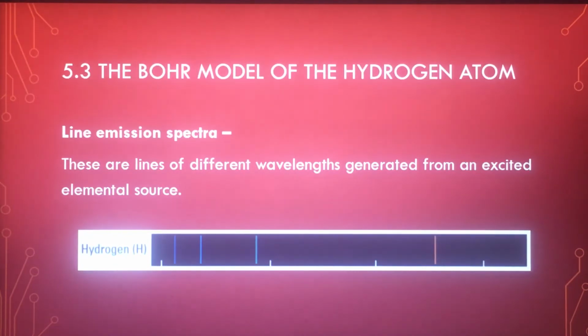Line emission spectra are just lines of different wavelengths generated from an excited or energized elemental source, just like in the experiment from the previous slide.